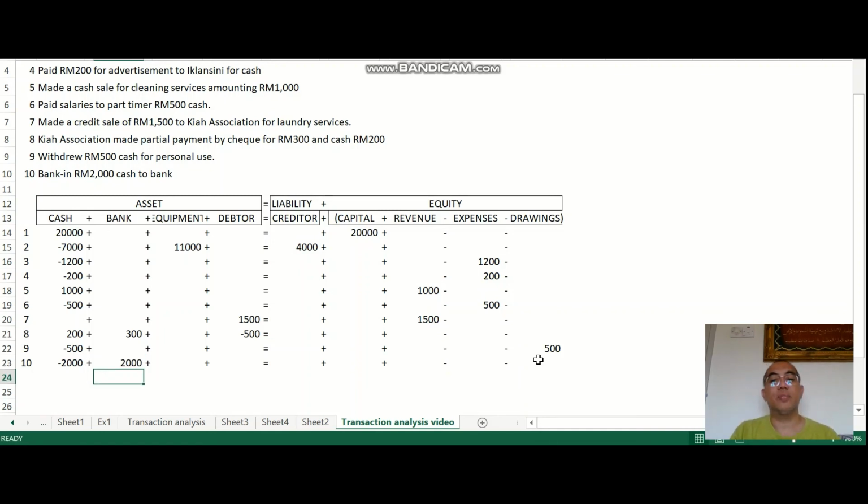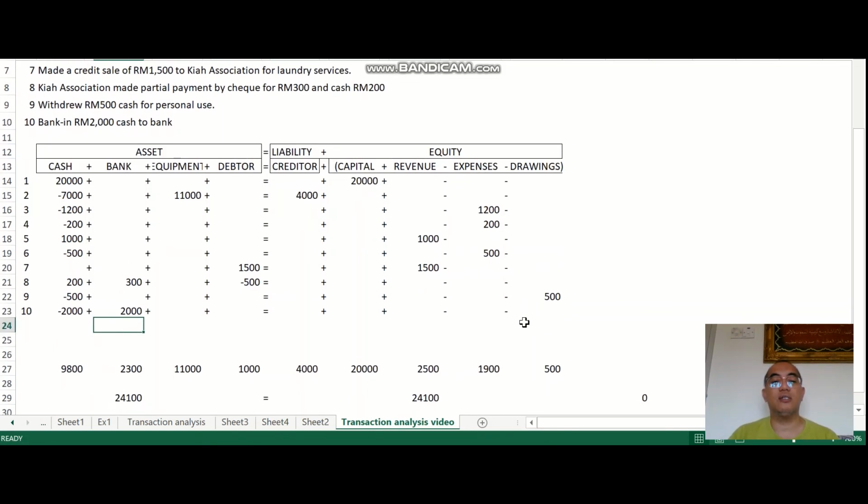That's it. If I want to check, I can check. See, I got here 0 because asset equals liability plus equity. So I have 0 balance here. I plus minus plus minus minus minus plus whatever. So I get 9,800 for my cash transaction.